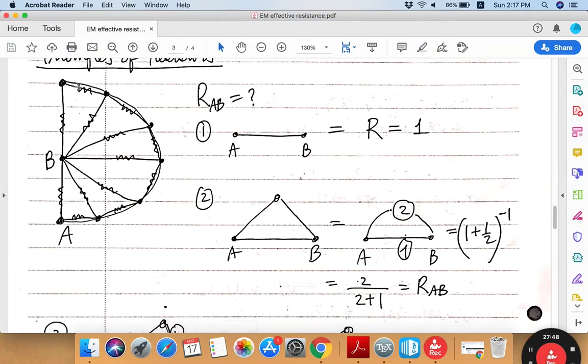And I connect every node on the rim with the point at the center, and every connection is made with a resistor having the same resistance of 1 ohm. And then the question is, what is the effective resistance between these 2 points? The axial point and some point on the rim.